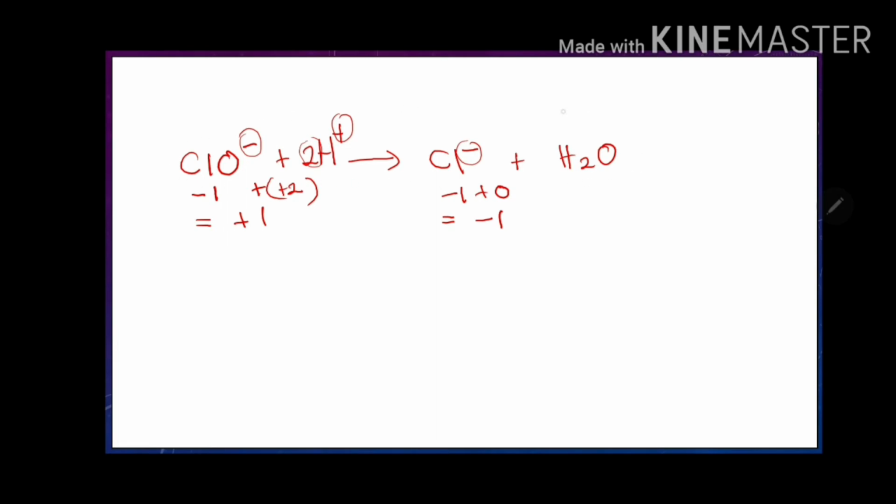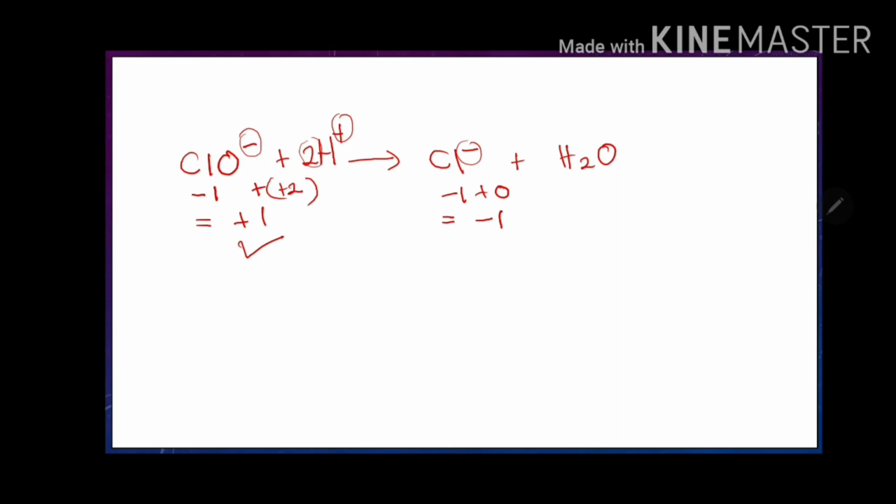So we have to balance the charge first. Please refer back to the notes, to the step given. To balance the charge, we must add electron to the side which is more positive. That means the side which is more positive is the left side, +1. Why we add electron to the positive side? Because the charge of electron is negative.